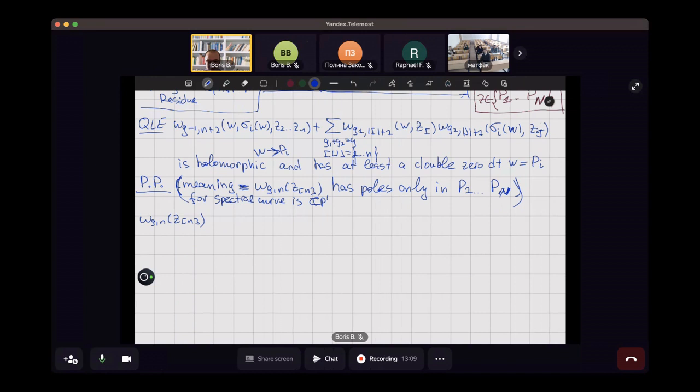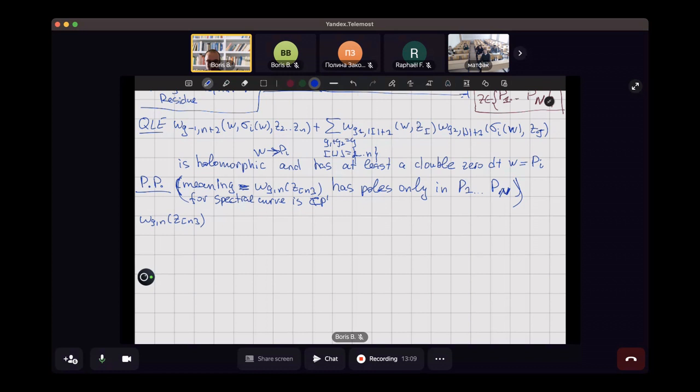Then the projection property states that this omega g,n is equal to the following residue, with some overall sum over zeros of dx, residues at these points on w1 equal to p_{i1}, whereas wn is equal to p_{in} small.